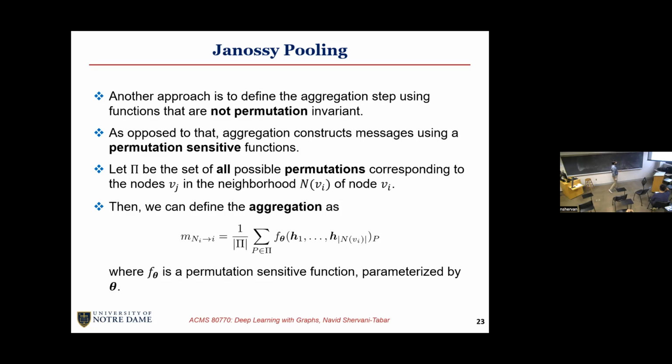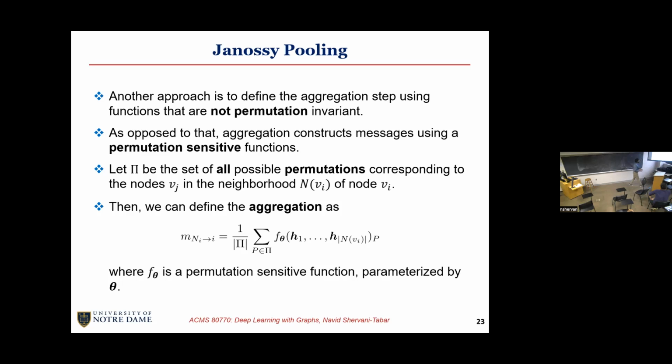Now let's define our function f theta to be a permutation sensitive function. I'm giving it a sequence of embeddings from my neighborhood. The total number of embeddings that I'm passing to this function f theta is the size of the neighborhood of node vi. So I'm just counting embeddings for different neighbors of node vi.